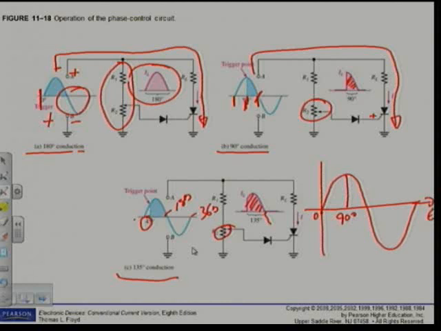Why? I will show you why. Because, let's say for example, I want to fire at 45 degrees. There's 45 degrees. Or, let's go and draw a line across here. That point will be 135 degrees.